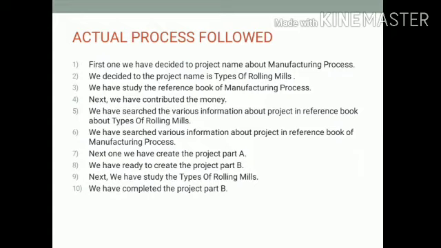We searched for various information about types of rolling mills in the reference book of manufacturing processes. Next, we created project part A. We got ready to create project part B. Next, we studied the types of rolling mills. And lastly, we completed our project part B.